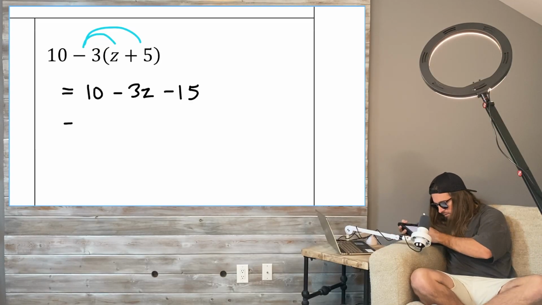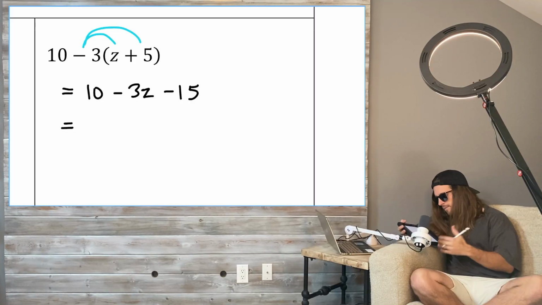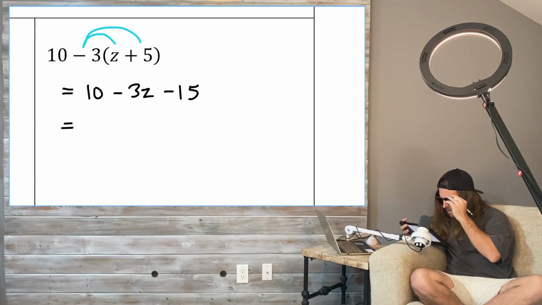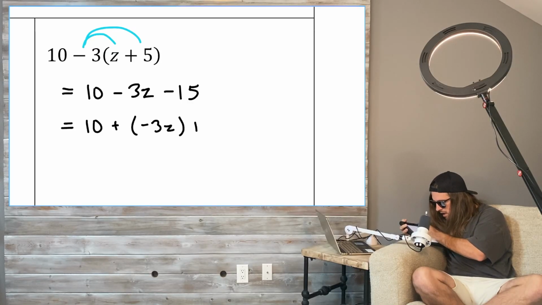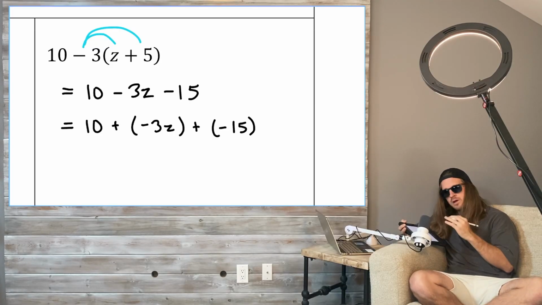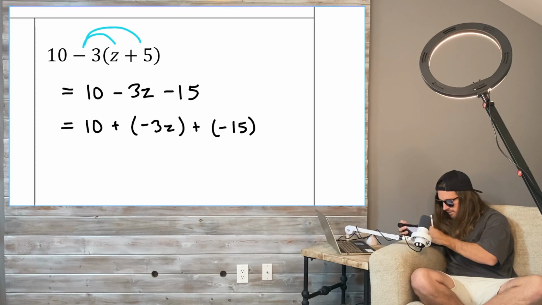I'm going to stick with the feeling of this lesson. And this, you may feel like I might overcomplicate this, but let's see, how would I do this? I'm going to rewrite this as 10 plus negative 3z plus negative 15. And this is overkill. But what I want to do here is force in the commutative property of addition, which means I can swap this.